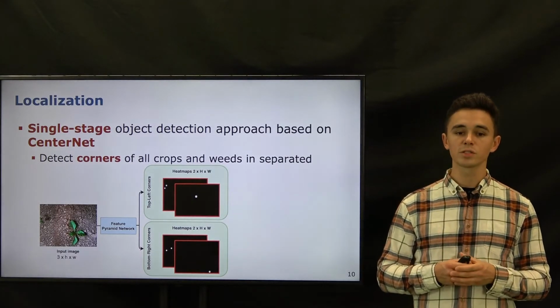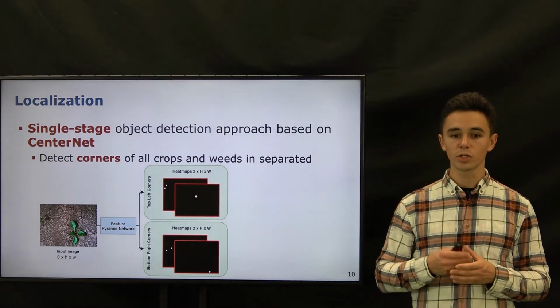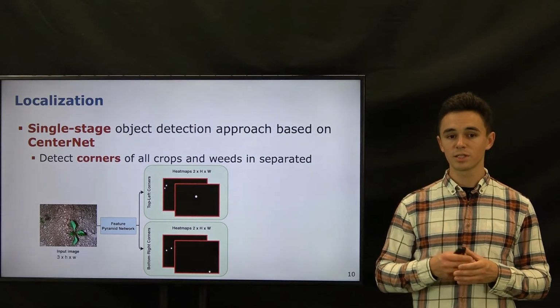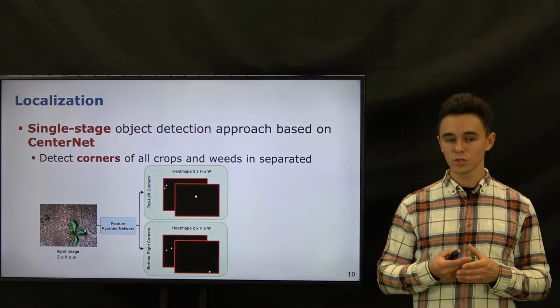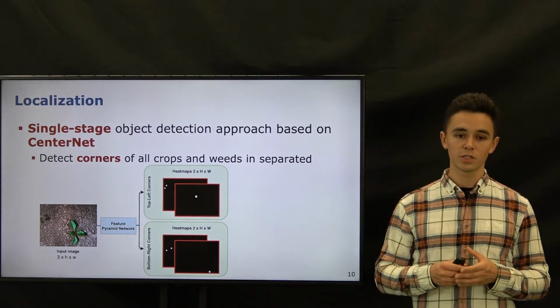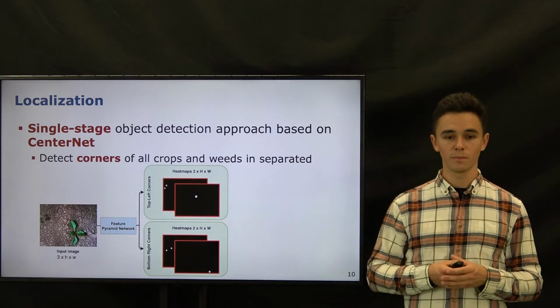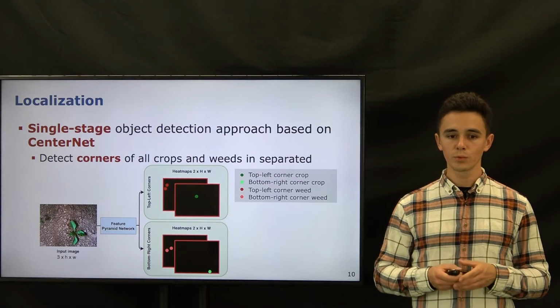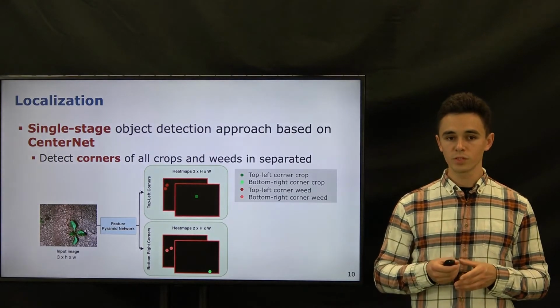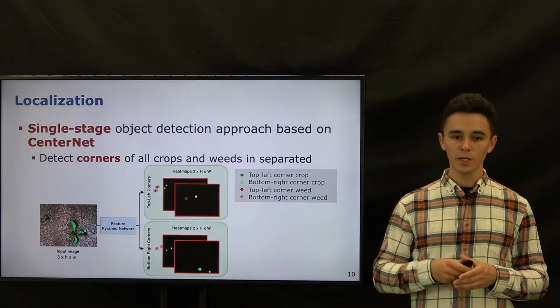Each heat map consists of 2 channels encoding crops and weeds, such that all corner locations of crops are in the first channel and all corner locations of weeds are in the second channel. Now, to compute bounding boxes, we project corner points with a high score back to the input image.